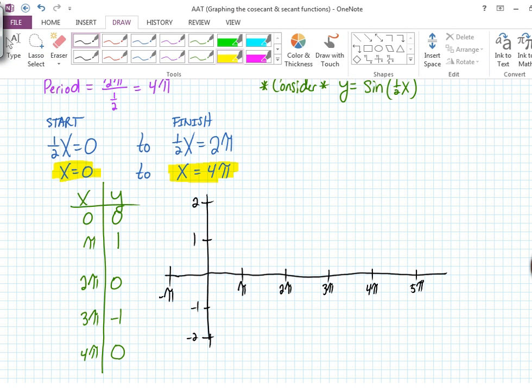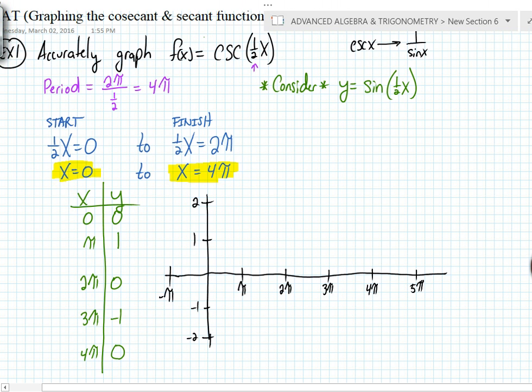So I'm going to use, let's use green, since we're actually graphing the sine function here. And I know that I'm going to have a mark at 0, 0, so I'll put a dot there, and then pi comma 1, and so forth.